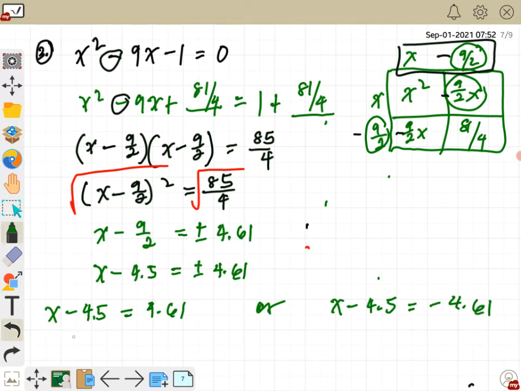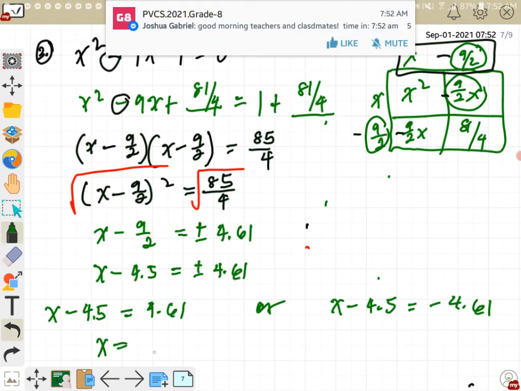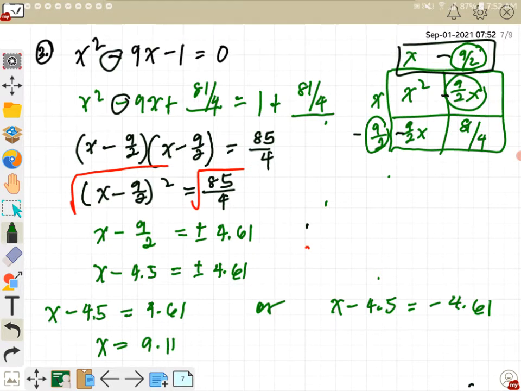Okay, so this here, adding 4.5 to both sides of this equation will get 9.11, and this one, adding 4.5 to both sides of the equation, here we have x equals negative 0.11.